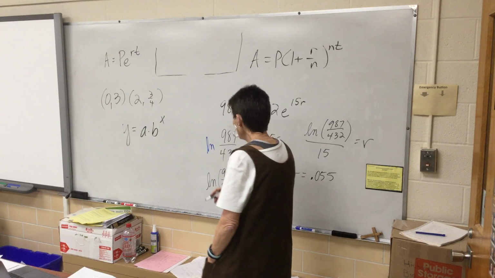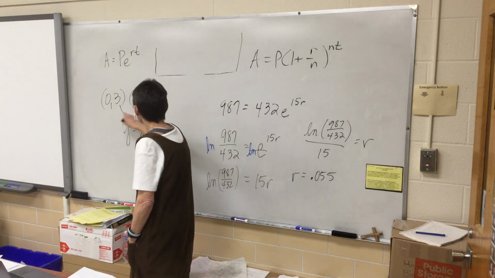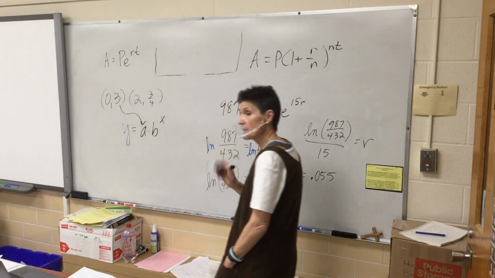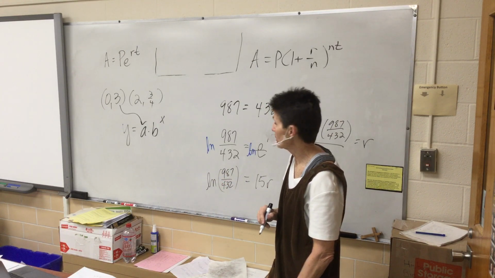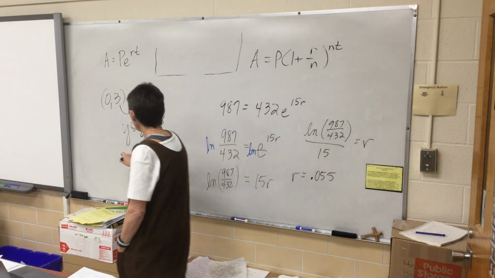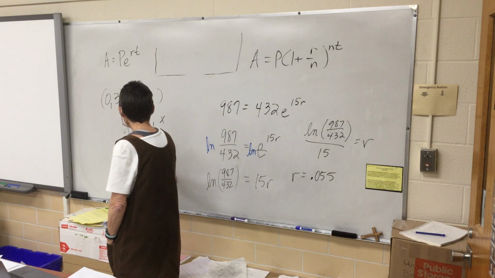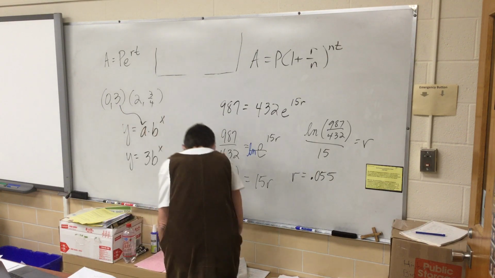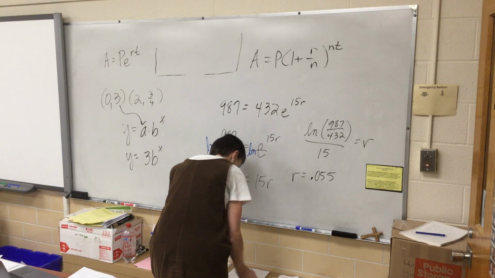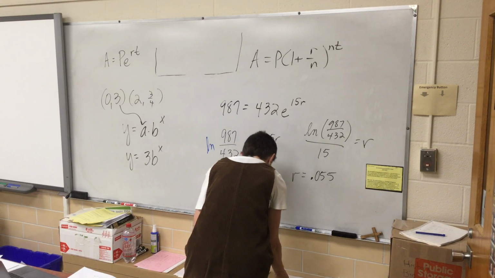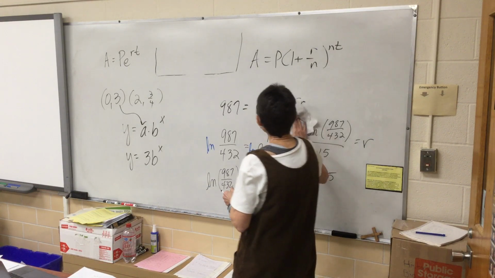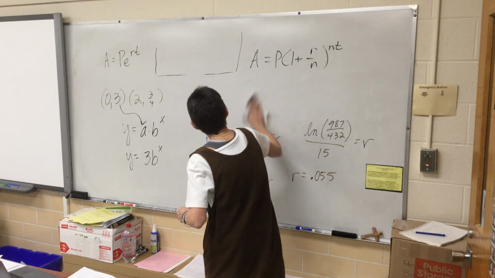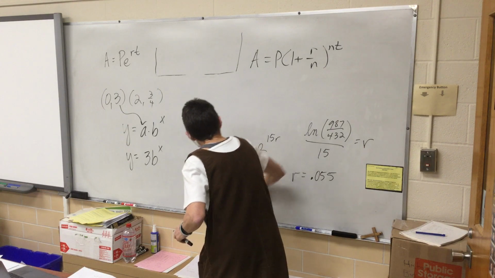And then we will plug in the number that goes with the 0, always your a, always your initial value. So y equals 3b to the x. And if I get that far, I'm already at half credit. But now I have to figure out what my b is.